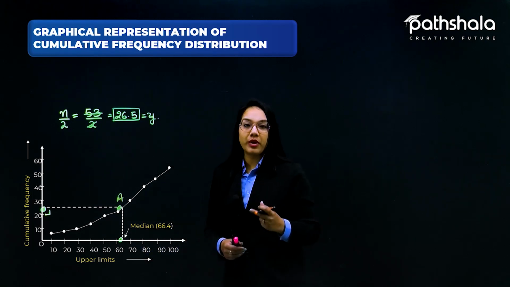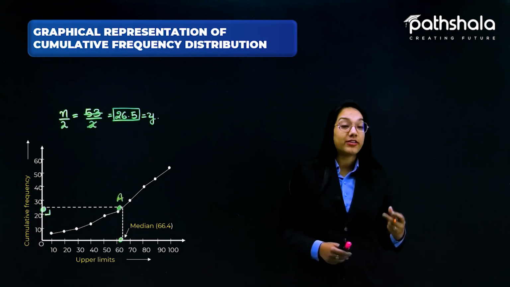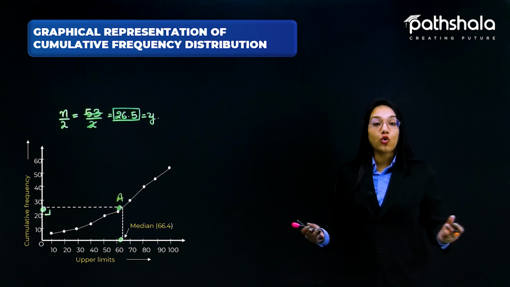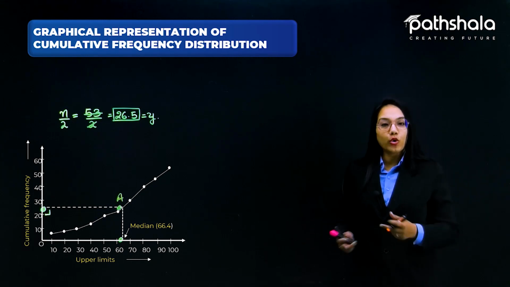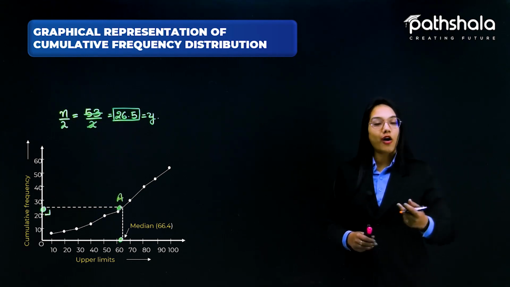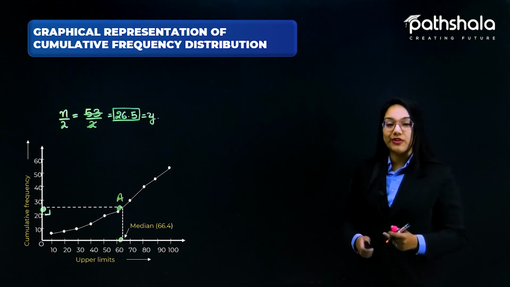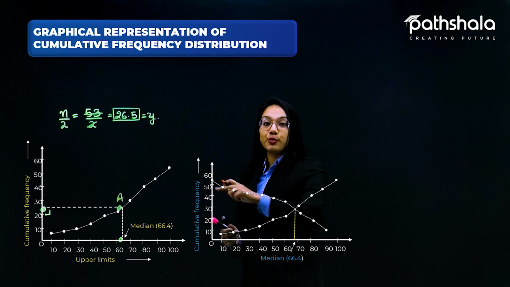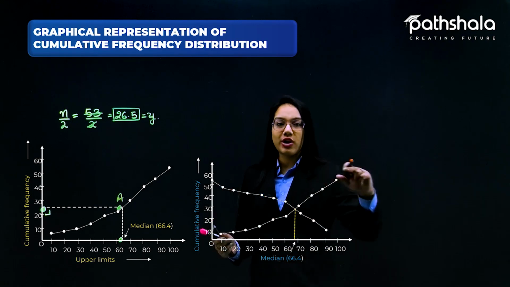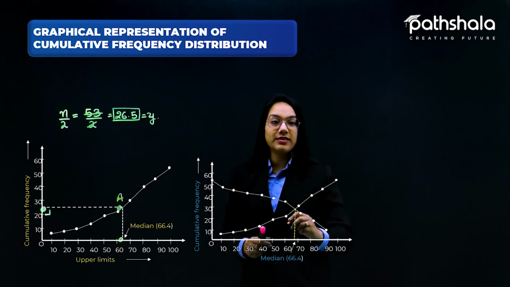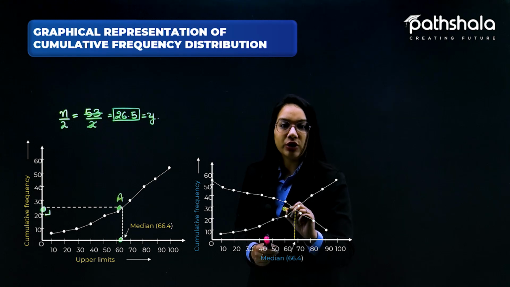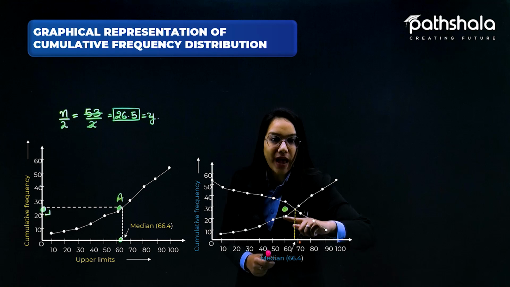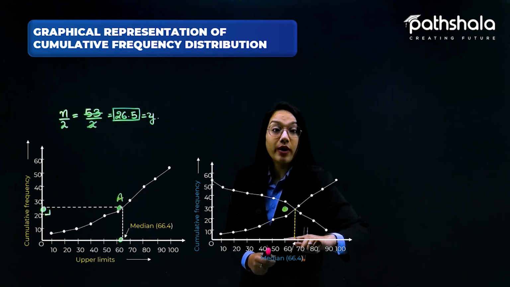So this is the case when we have a single ogive. Now let us talk about when we have two ogives together, meaning more than type and less than type together. How can we find the median? Whenever we have the two ogives, a more than ogive and a less than ogive, wherever these two ogives intersect each other, we draw a perpendicular from that point of intersection.